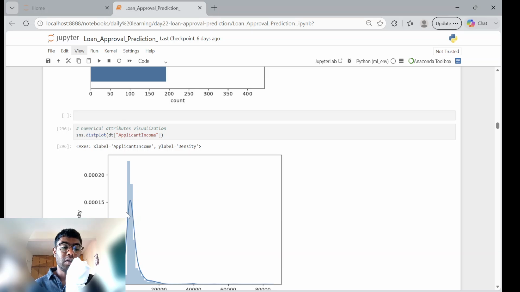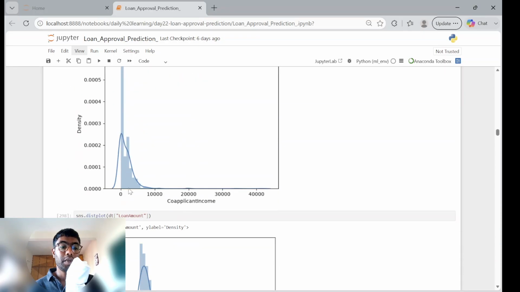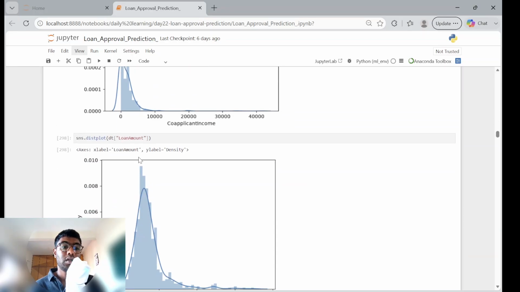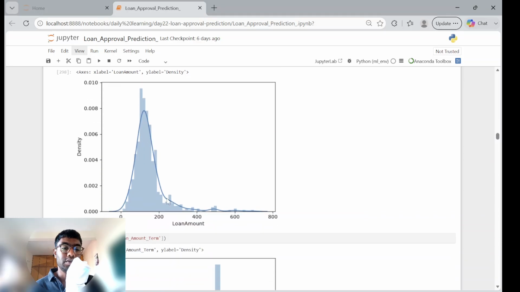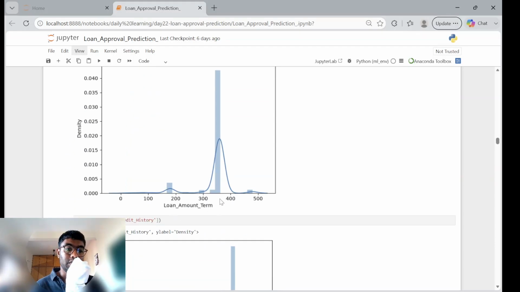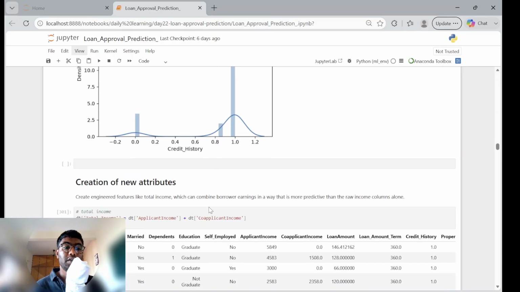And next we also see the distribution of income and co-applicant's income. So you can think about co-applicant as applicant's dependents or spouse, right? And the loan amount that he is looking to get from the bank, and the term for the same amount. Credit history.